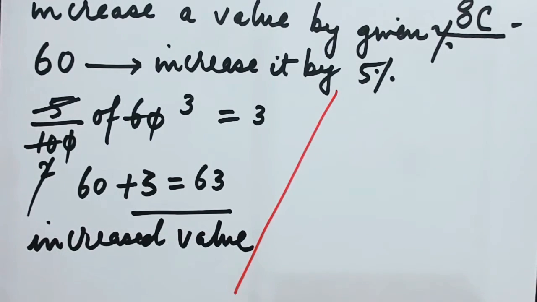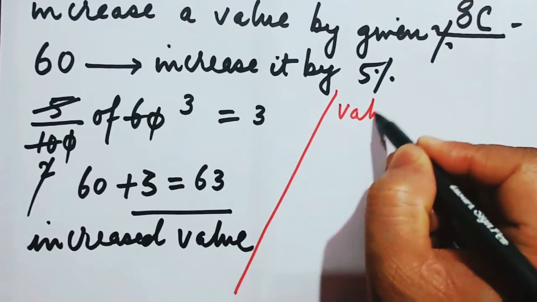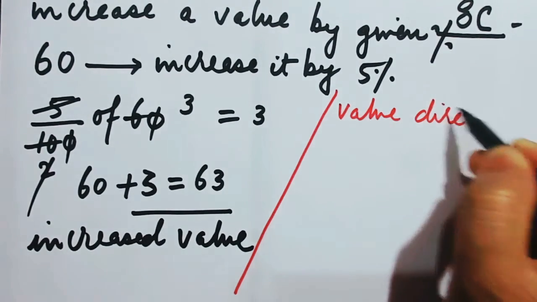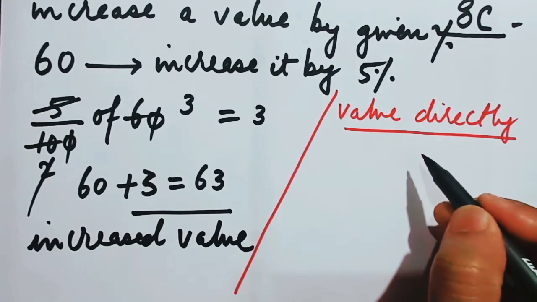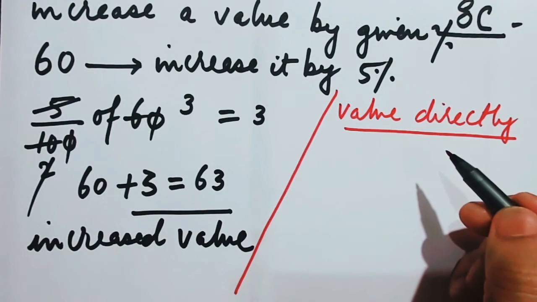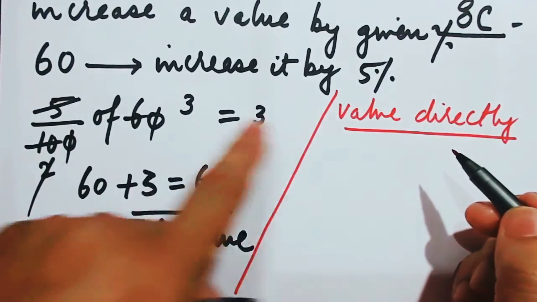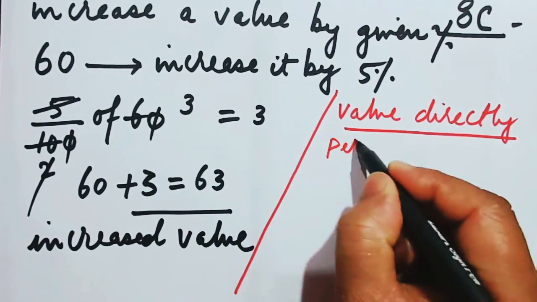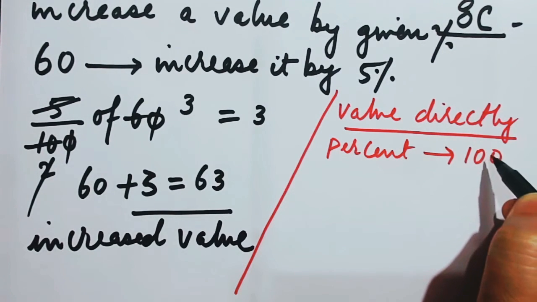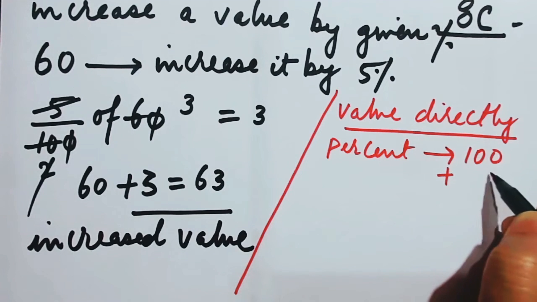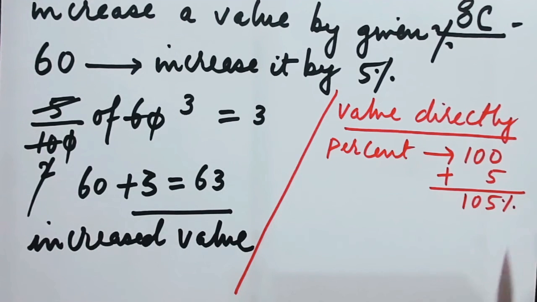Now, if you want to find the value directly, since we are increasing 60 by 5%, and the percent is already 100, when you increase it by 5%, you will get 105%.